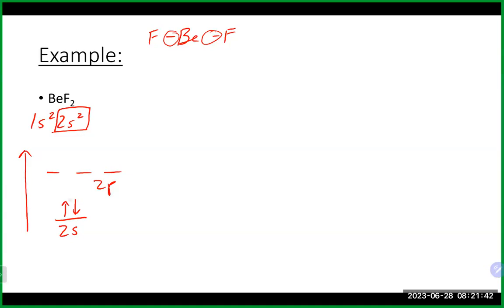What's going to happen is during the hybridization process, a lower electron in the s will gain enough energy and will be promoted up to a higher energy level there into the p, and you'll get that promotion that occurs. And the result of that is we will now have an unpaired electron there, and we'll have an unpaired electron here.